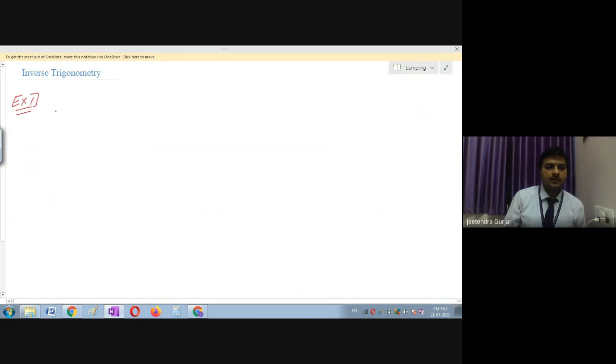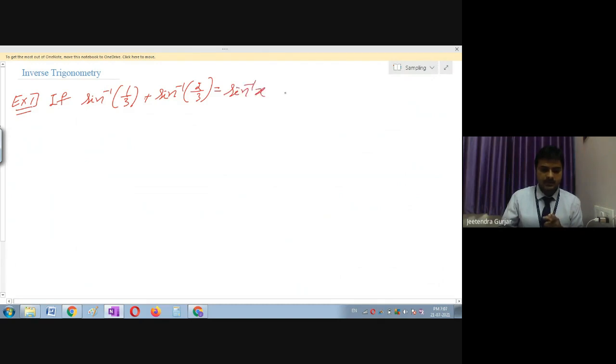Example 1. Yes, friends, very easily you can see. You can take down the question. If sine inverse 1 upon 3 plus sine inverse 2 upon 3 is equal to sine inverse x is given, in such type of problems, friends, you should be very careful.